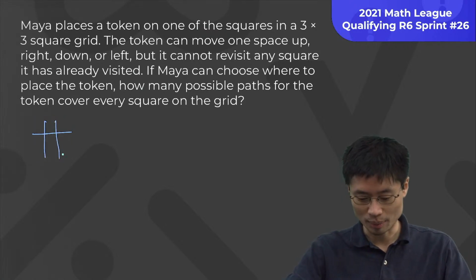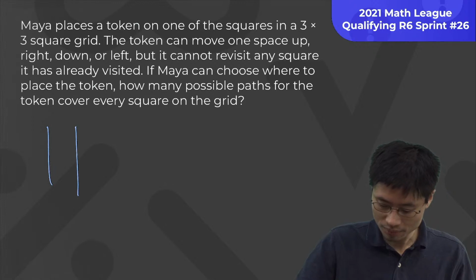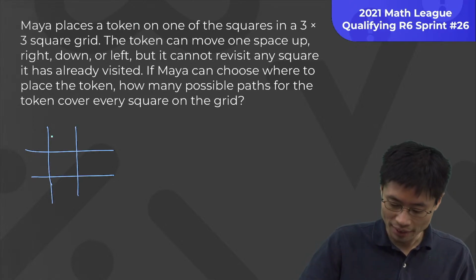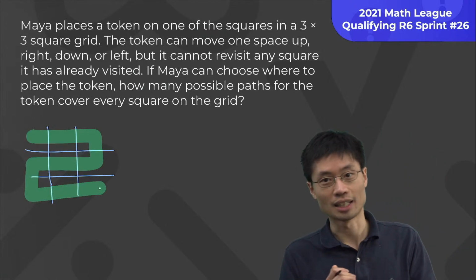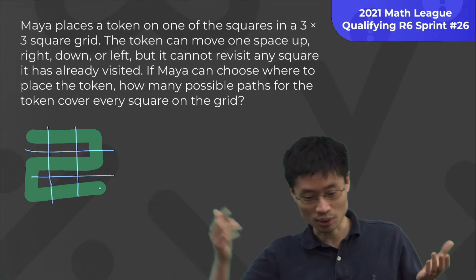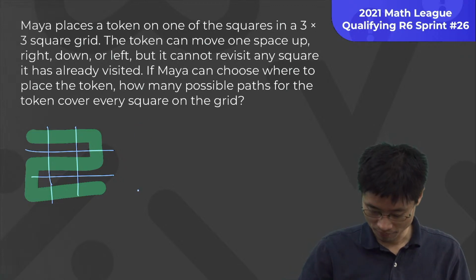I clearly need to make a bigger tic-tac-toe board. Bigger tic-tac-toe board. If you start in the corner, here's one kind of thing you could do. And I'm seeing already there's a lot of different things I can do. So if I start in a corner, let's just write all of the ones which start in corners first.